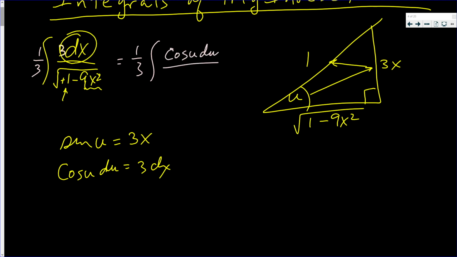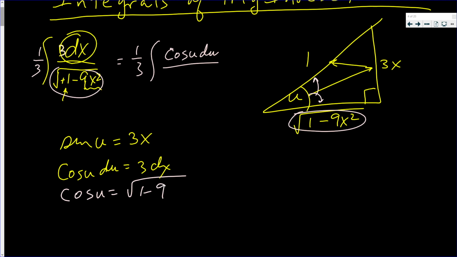Now the bottom, what is this? Well, if I divide this side by 1, I'll just get that, and that's the cosine of u. The cosine of u is identically the square root of 1 minus 9x squared. But this is great because this cancels out and you just have 1/3 du. But that's just 1/3 u.